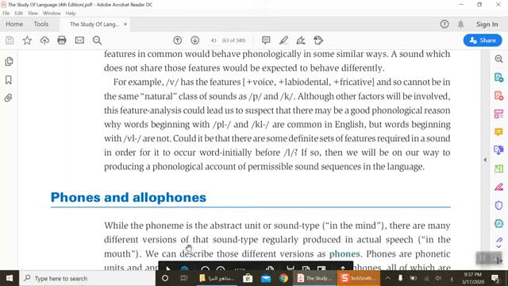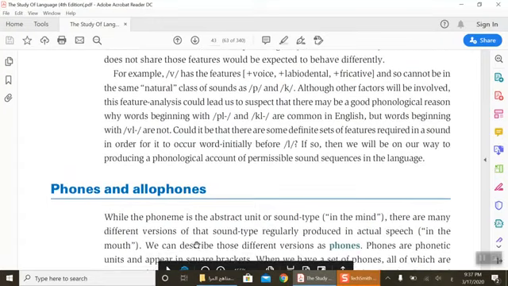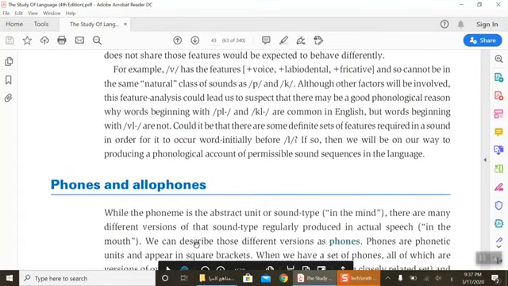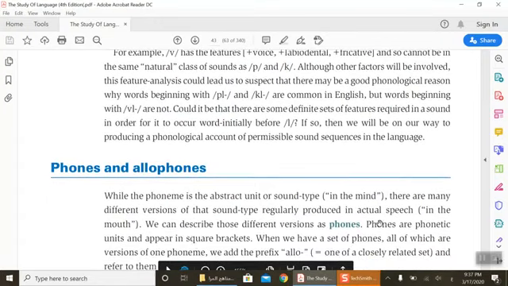There are many different versions of that sound that are produced in the mouth. We can describe those different versions as phones. So we can define phones as the different versions of a sound.